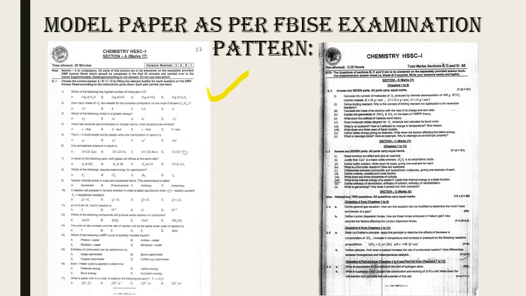Before it, instructions are given and a version number is also mentioned. These 17 MCQs have 4 options each, so you have to select the correct option and mark it on the OMR sheet, right? Now, Sections B, C and D are all on this second paper.